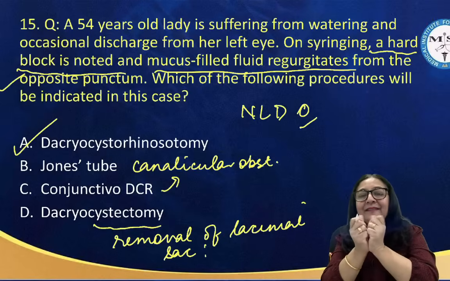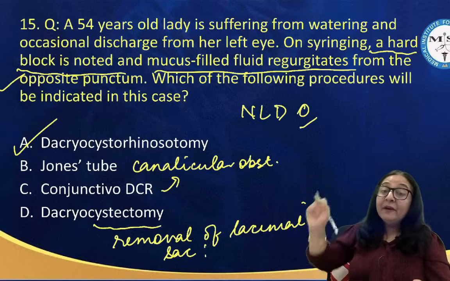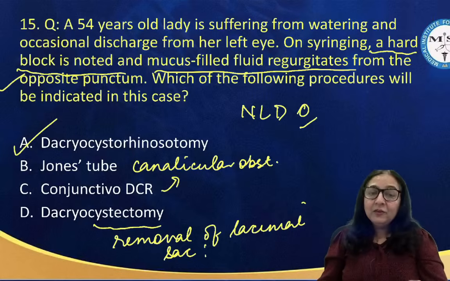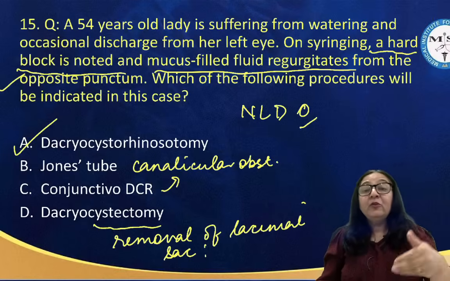The lacrimal sac is not able to do its pump action, so you remove the lacrimal sac. That is dacryocystectomy. But when there is nasolacrimal duct obstruction, the choice is dacryocystorhinostomy. For canalicular obstructions, conjunctivo DCR using John's tube.